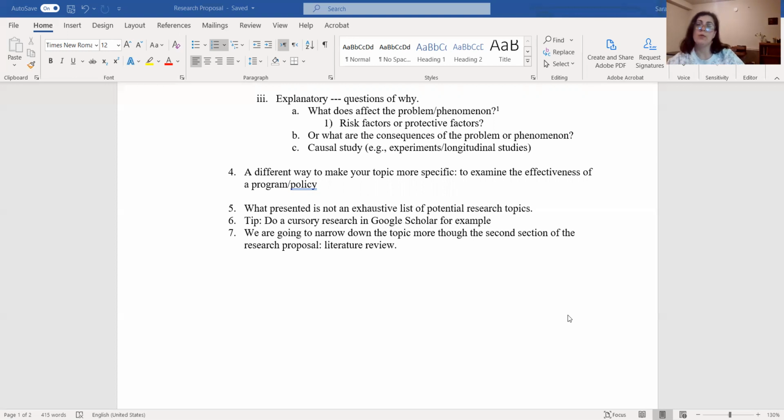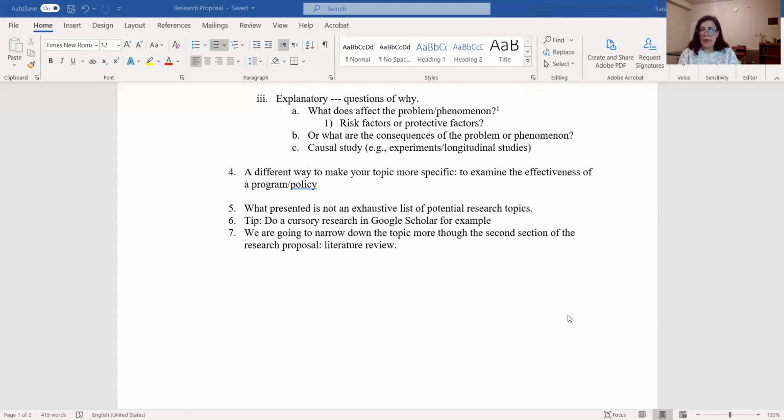Or what are the consequences for the homeless population? A different kind of explanatory study, which is more sophisticated and advanced kind of research, is causal study, to see a cause and effect relationship, which usually needs some kinds of experiments or longitudinal studies.